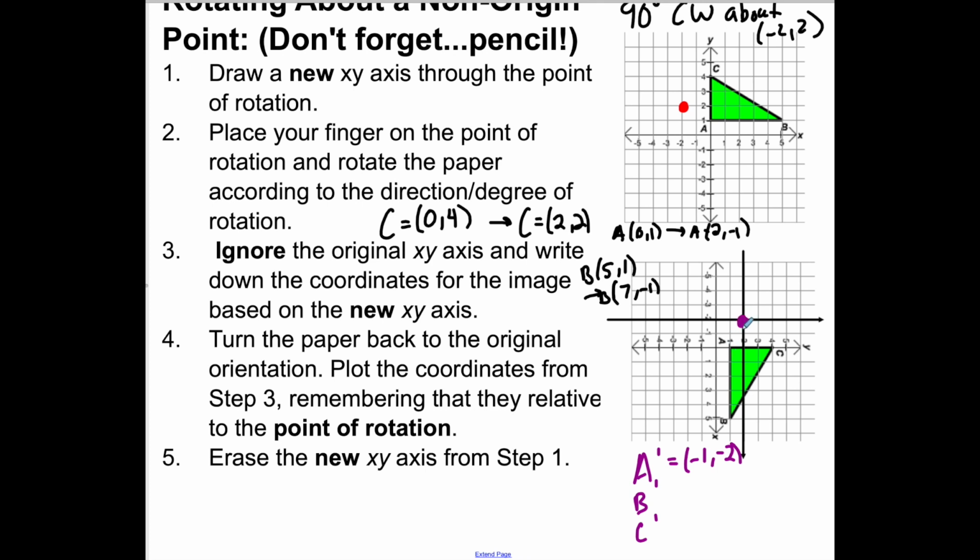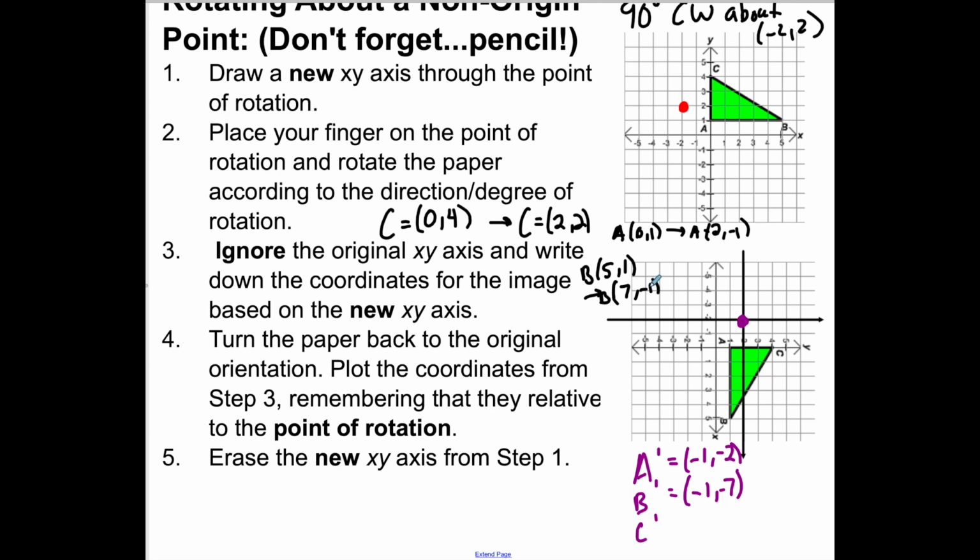It looks like if this was (0, 0), this would be (-1, -2). B looks like it would be at (-1, -7).